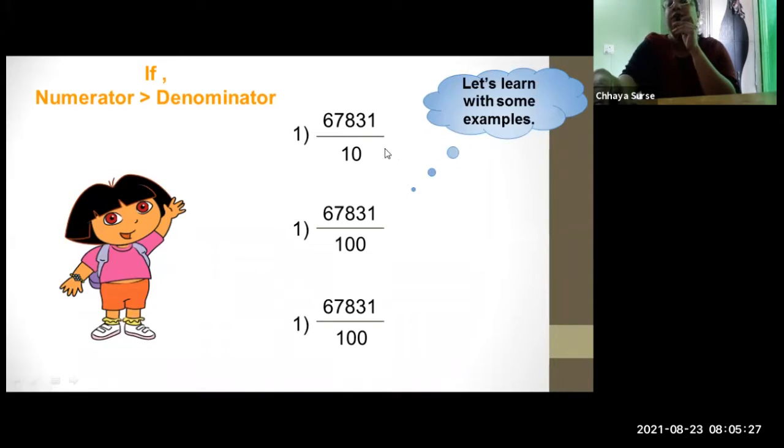How to convert? Now let's see. Is it the numerator? Is it the denominator? Clear? Now how many zeros are here? One zero. How many zeros are here? Two zeros. And here also three zeros are there, but you have to understand.